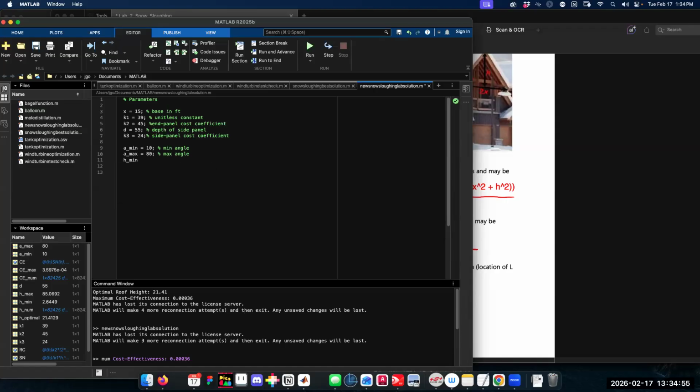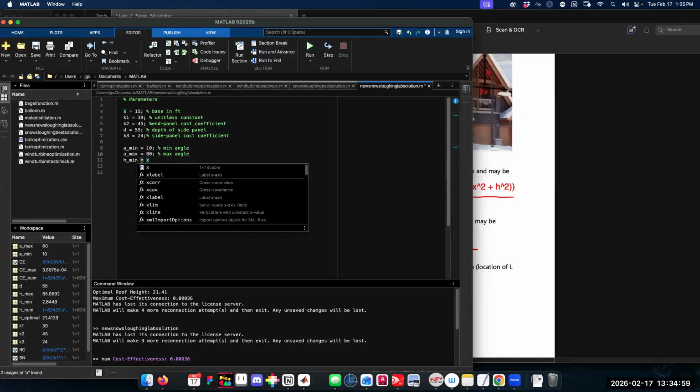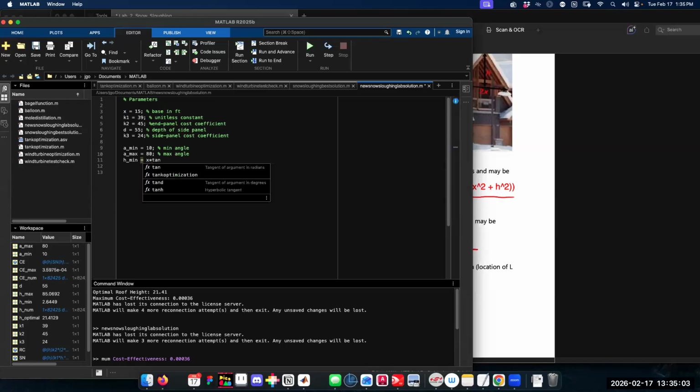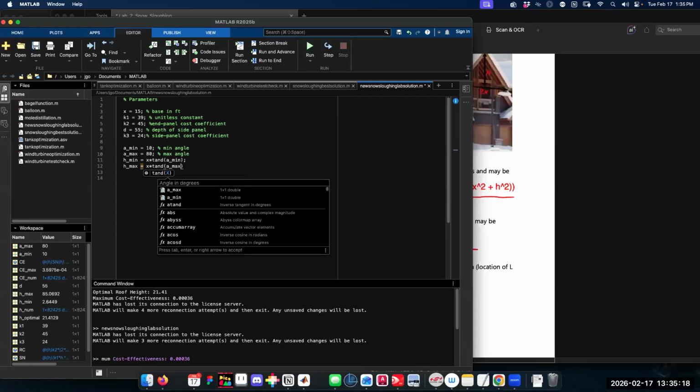So we'll do h min as a lower bound. We said it was x tangent A, so x tangent, and then we'll do degrees, and then A min, with the argument. Okay, and then h max, same thing, x times tangent degrees A max.